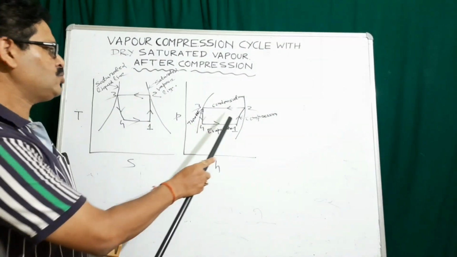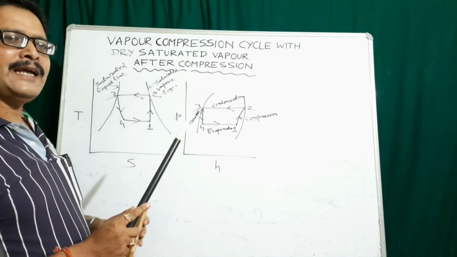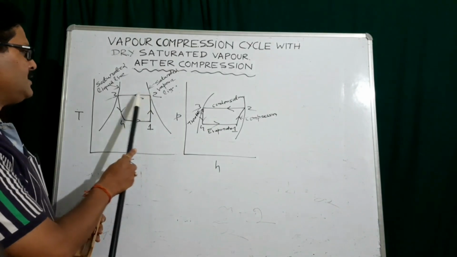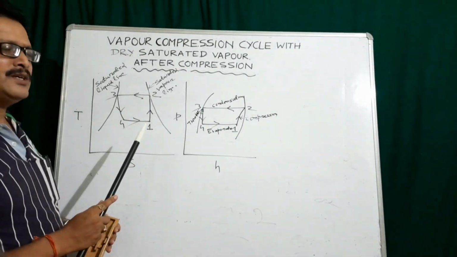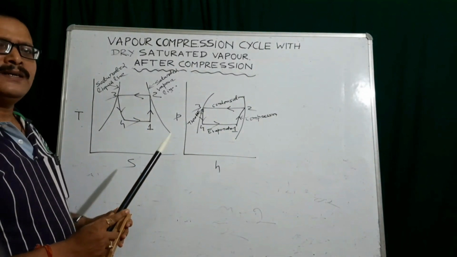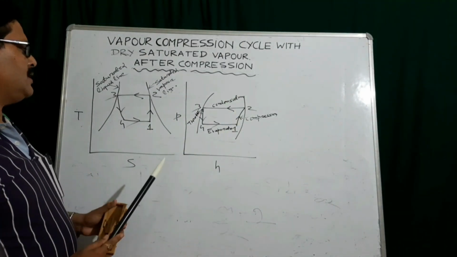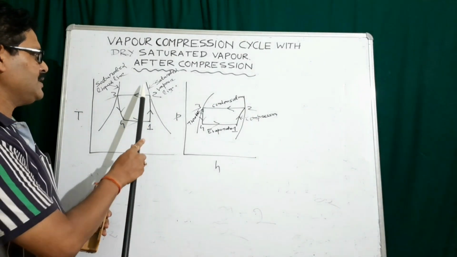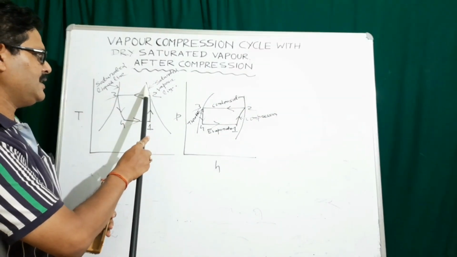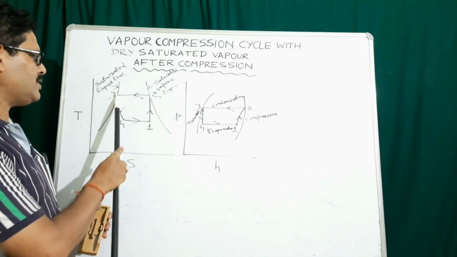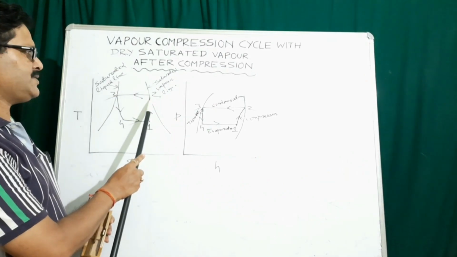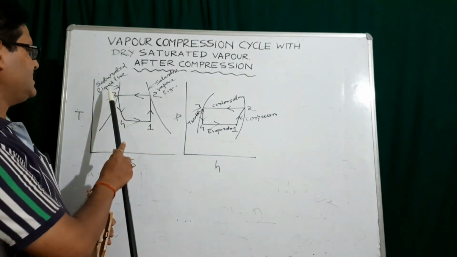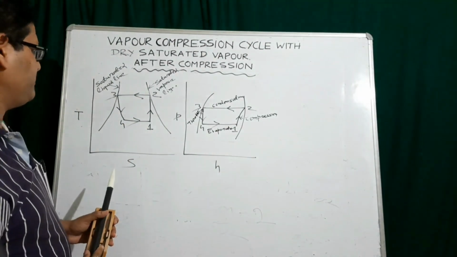That means 2-3 is actually an isobaric as well as an isothermal condensation process, during which the refrigerant delivers heat to the surrounding condensing medium and gets converted from saturated vapour condition to saturated liquid condition. At 2 it is saturated vapour, and at 3 it is saturated liquid.